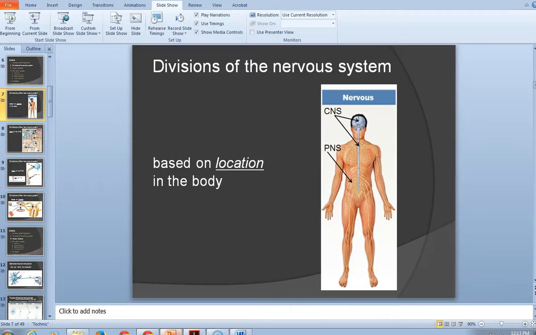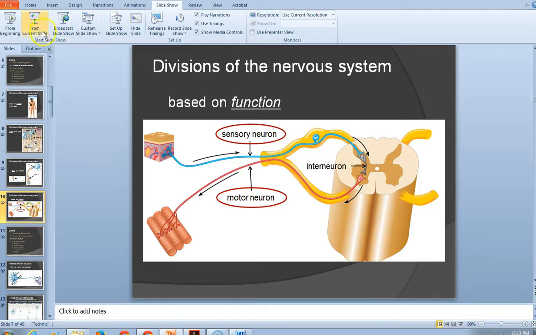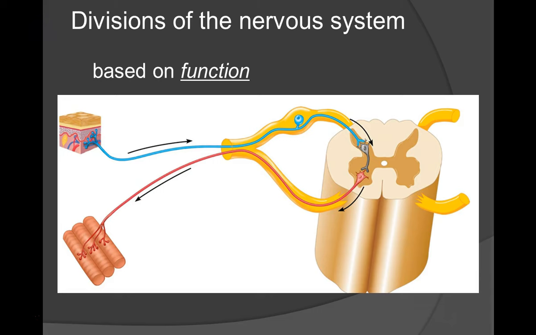Okay, so that's how you divide things based on location, but now let's talk about how you divide things based on function, so what it's doing. Let's remind ourselves of this overall picture. We've got sensation coming in, processing by the interneurons in the brain and spinal cord, and then motor commands going out that cause a response.